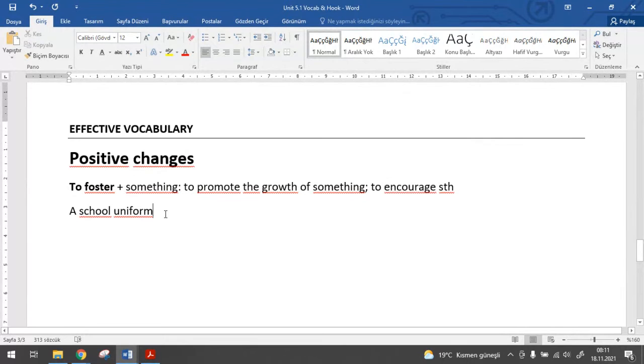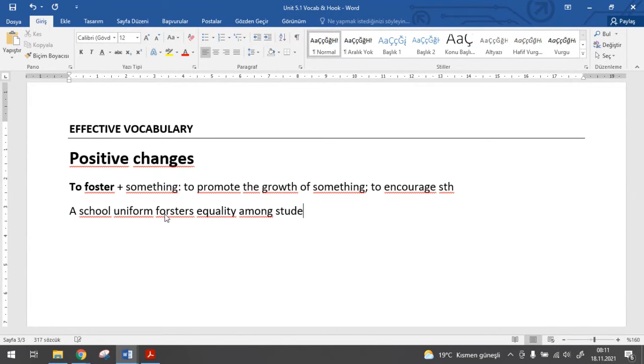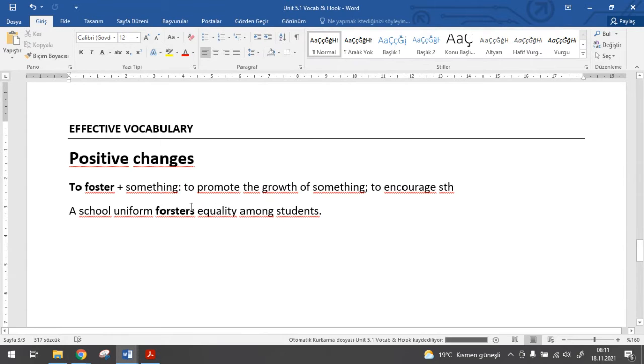A school uniform fosters equality among students. What does this mean? So when you use this word, foster, it means a school uniform encourages equality among students. A school uniform promotes the growth of equality among students.